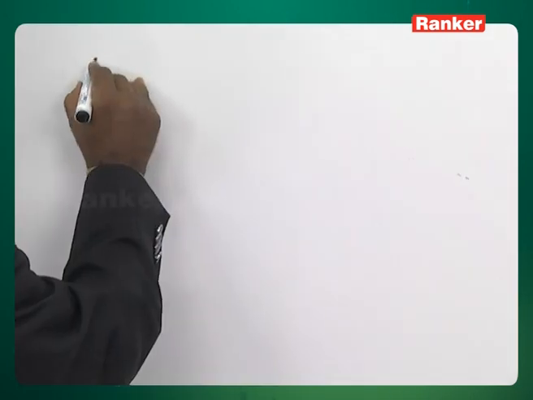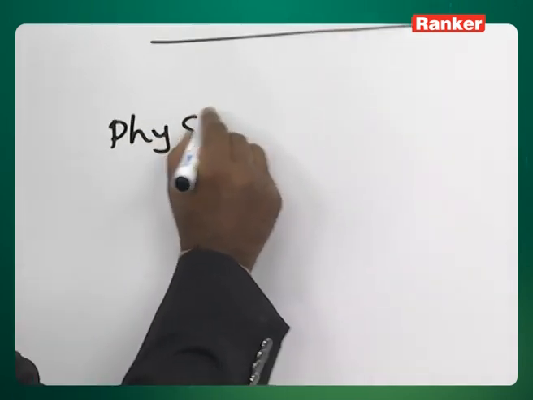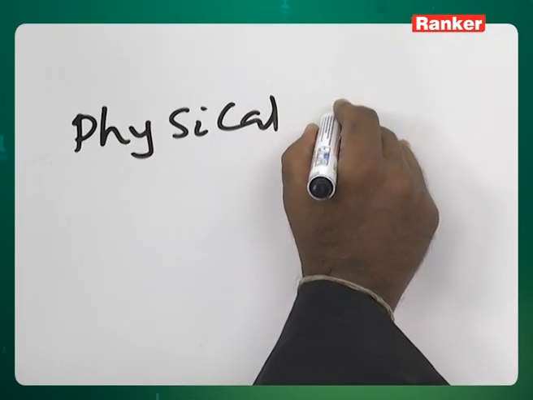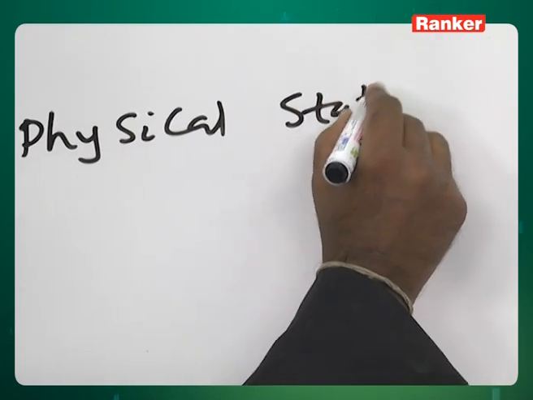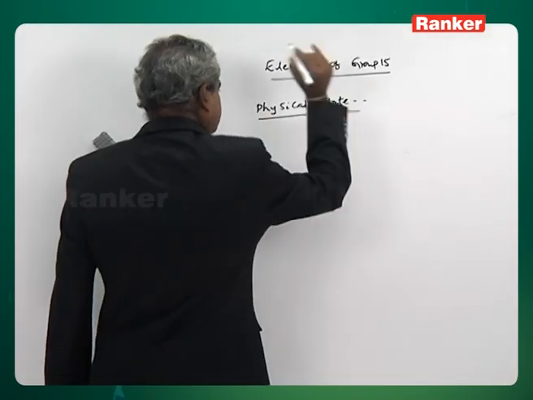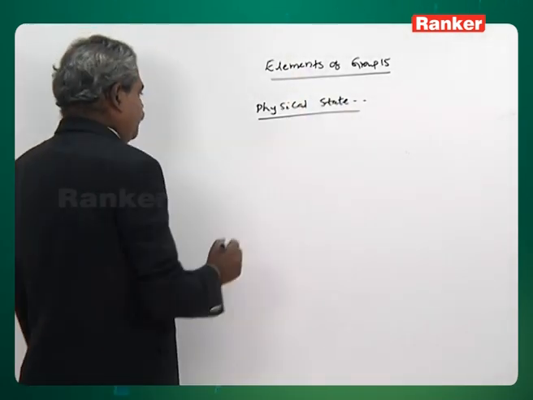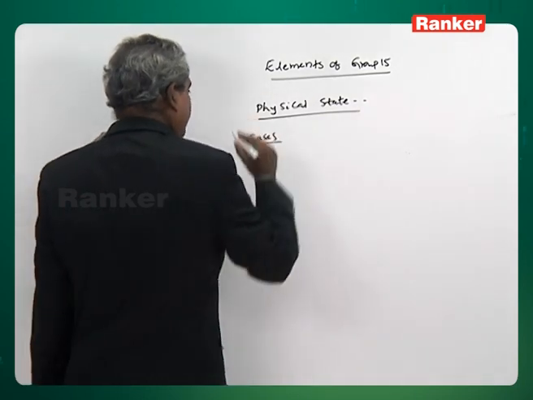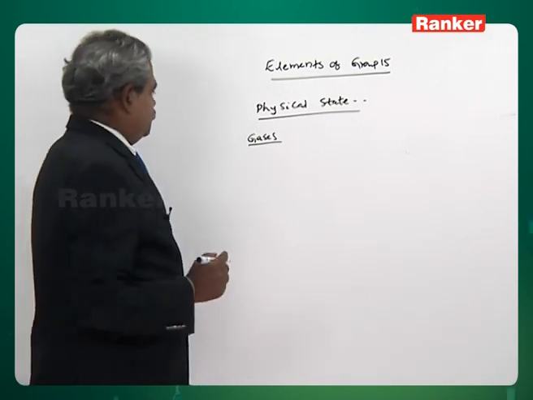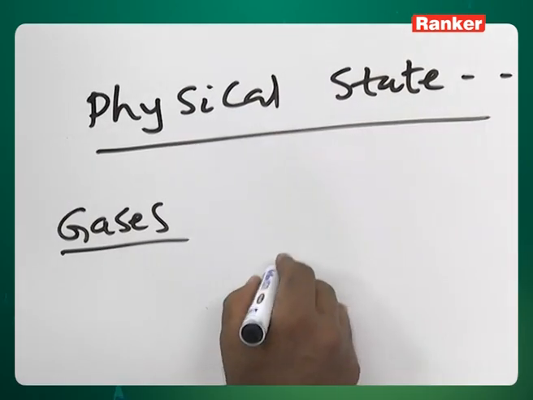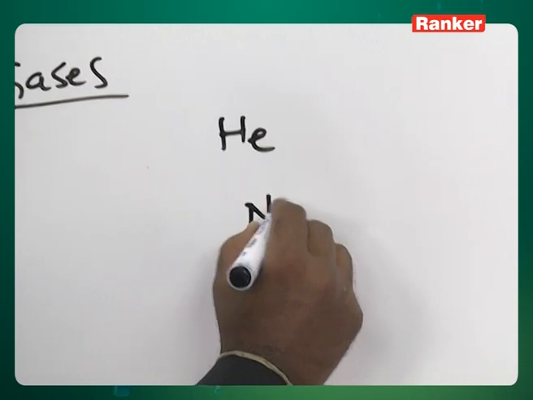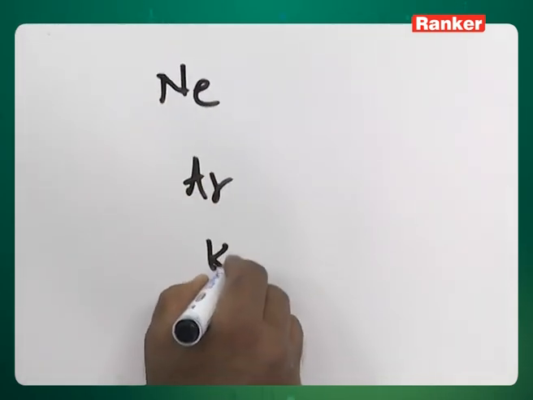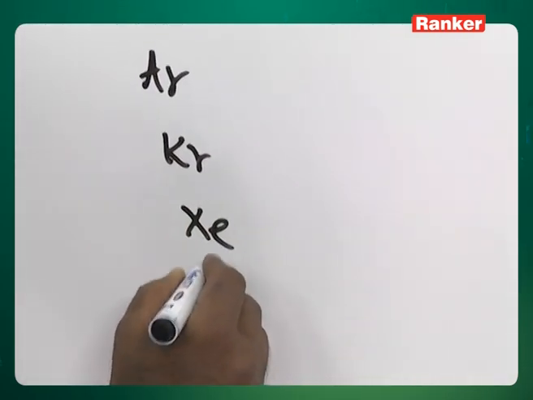Now, physical state. If I give you a list of the physical state of all elements, very few are gases. Who are the gases? Helium, neon, argon, krypton, xenon, radon.